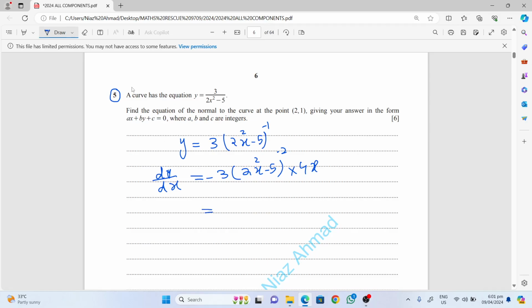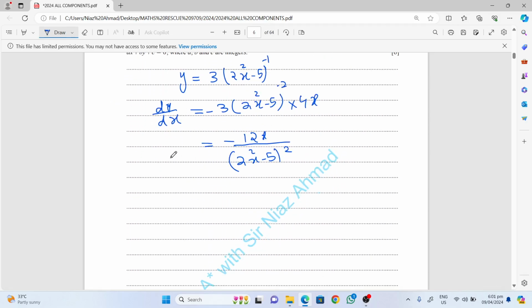When we differentiate this, dy by dx is negative 3 (2x square minus 5) to the power minus 2 multiplied by 4x. So the final expression for the derivative would be negative 12x over (2x square minus 5) whole square. We have a point 2, 1, where x has the value 2.